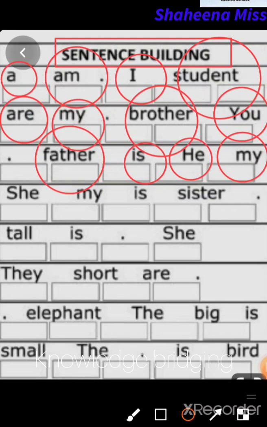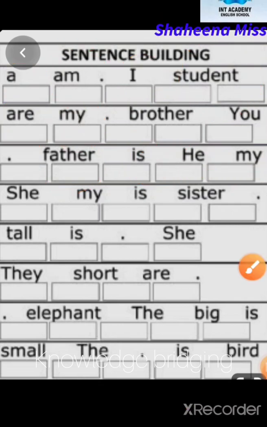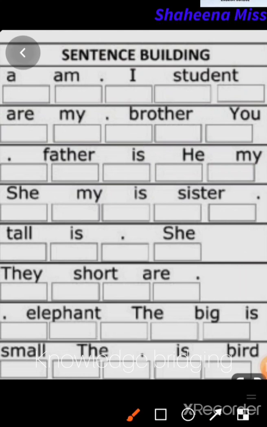Every word is made with the help of alphabets only. But if you say, am I student, does it make any sense for you?